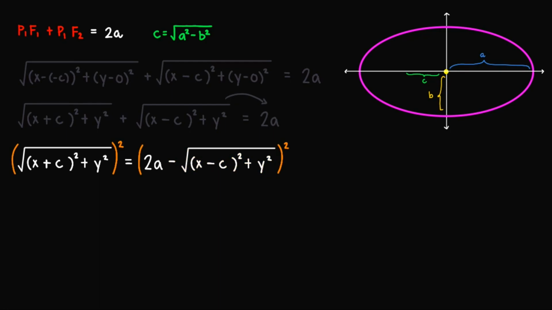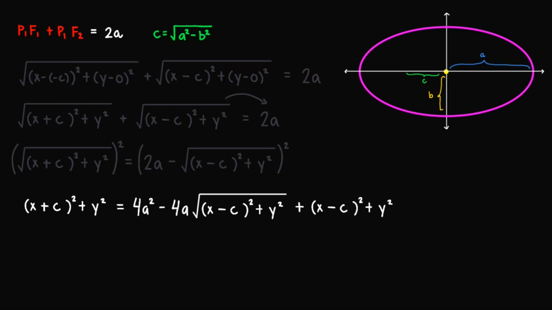So on the left, we'll have x plus c quantity squared plus y squared. So technically, we just remove the radical signs. Then for this one, we'll apply square of the binomial. So we'll have 4a squared for the square of the first term. Then 2 times the first and the second term to obtain this. And the square of the last term, which is this one.